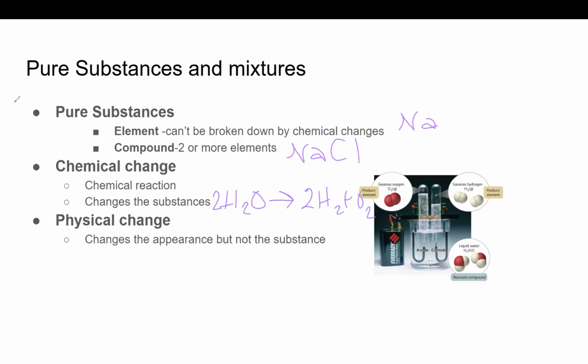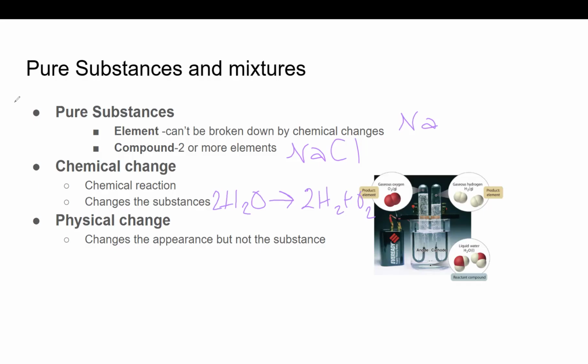You've done a chemical change. If something rusts, so you have steel and it rusts, that is a chemical change because the iron is reacting with oxygen in the air, creating a new substance. So it's changing the substance completely.